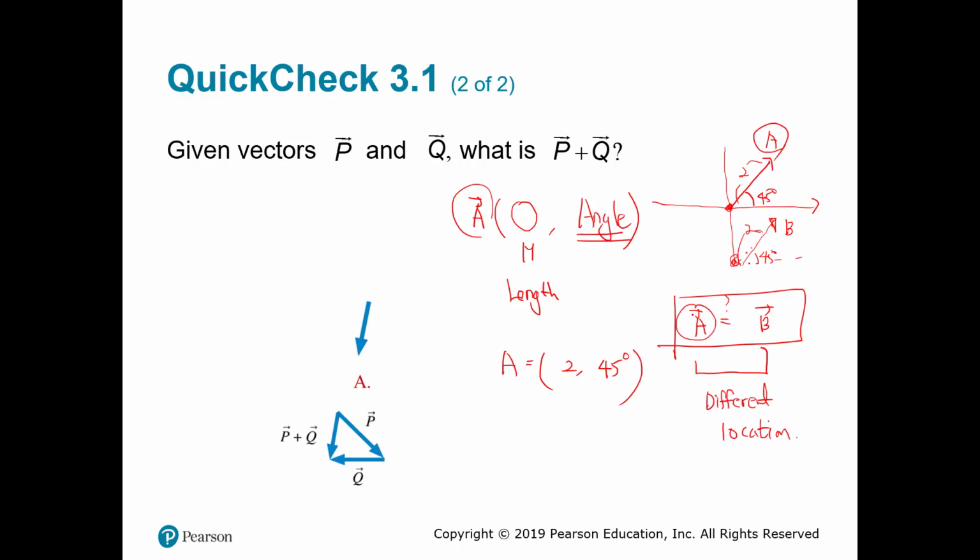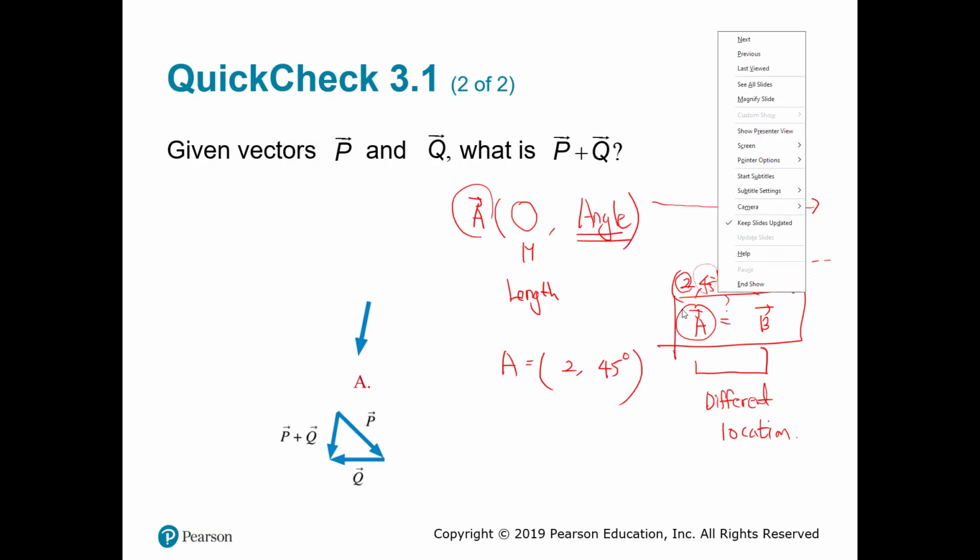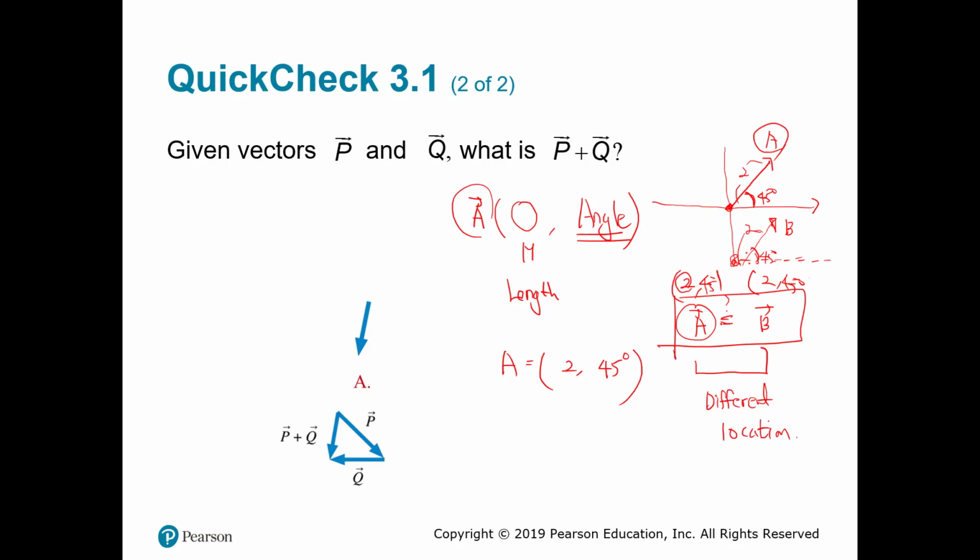Your a vector magnitude is 2, b vector magnitude is 2, the length, and the angle from the horizontal line for a vector is 45 degrees, and the b vector is also 45 degrees. Assuming we have this imaginary horizontal line, the angle is 45. So as long as they have the same magnitude and the same angle from the horizontal line, we assume these two vectors are the same.